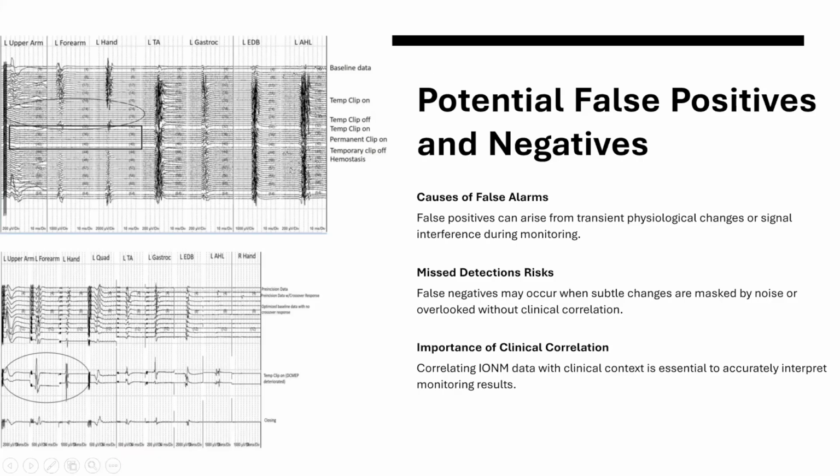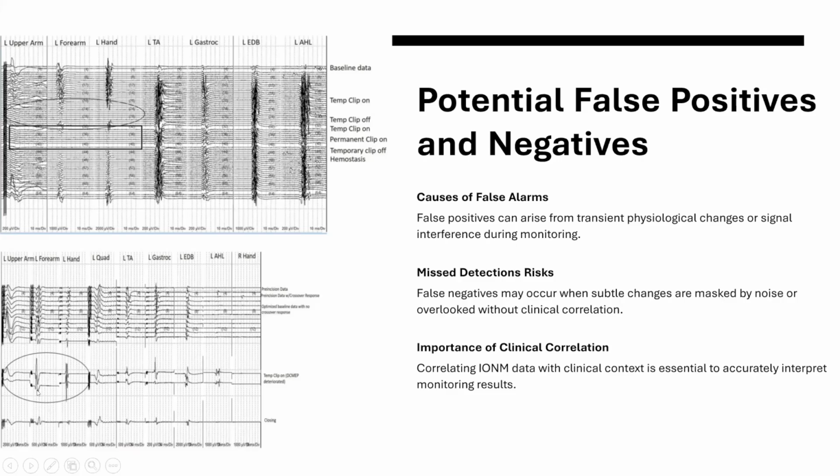So, for example, here this was an aneurysm clipping, and we were looking at two different motor potentials. The top one is what we call a direct cortical motor. This is where we put a grid on the brain and stimulate the motor cortex directly. Here we're doing transcranial stimulation, so this is going through the scalp and through the skull. Here we have a loss of the motor potential due to a temporary vessel occlusion in the aneurysm.